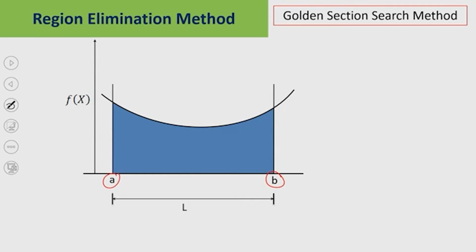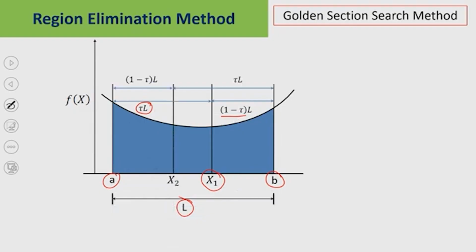Now, the distance between a and b is L. If I take a point x 1, the distance between a and x 1 is tau L, and the distance between x 1 and b is 1 minus tau L. I will calculate the value of tau later on; just assume that the tau value is between 0 and 1.